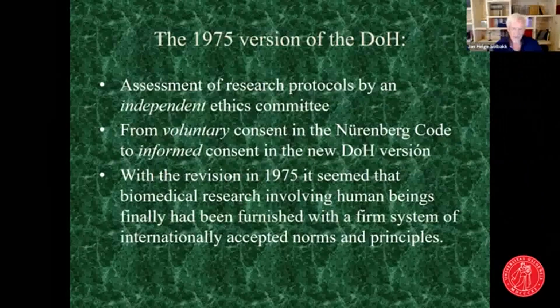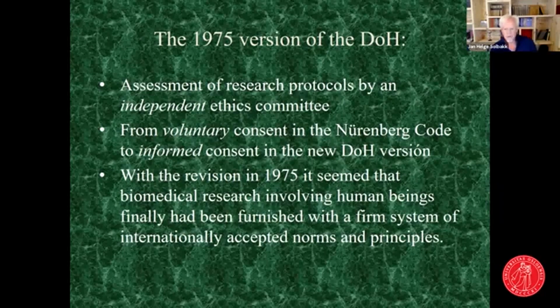Then came the 1975 version of the Declaration of Helsinki, and in some way the most important revision, because in this version it puts emphasis on the need to assess research protocols not by the individual researchers themselves, but by an independent ethics committee.